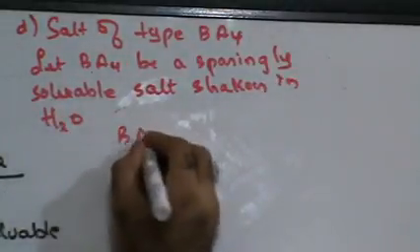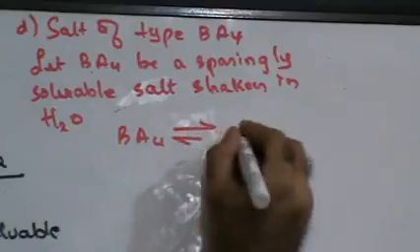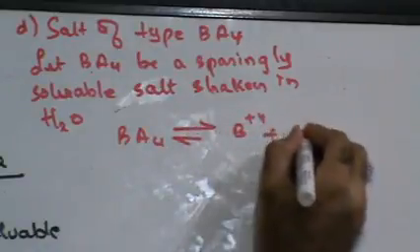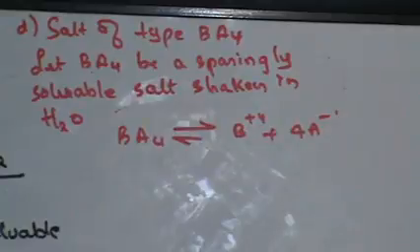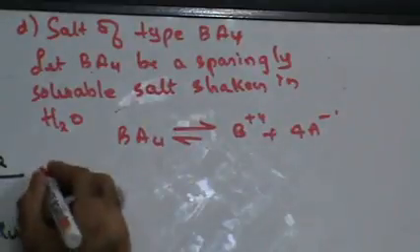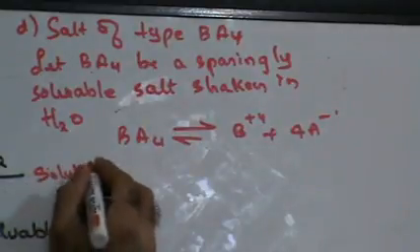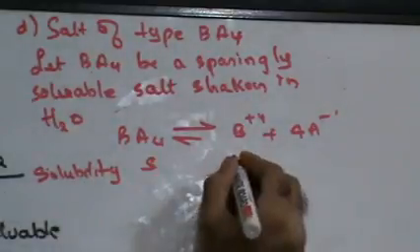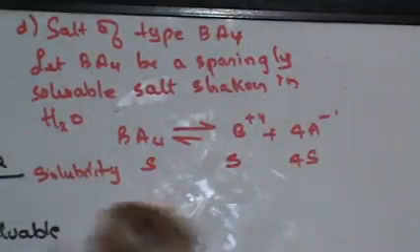So BA4 will dissociate to give you B plus 4 plus 4A minus. If I consider the solubility as S, then this will be S and this will be 4S.